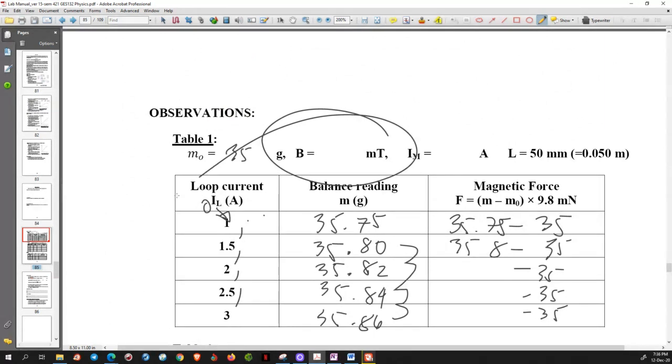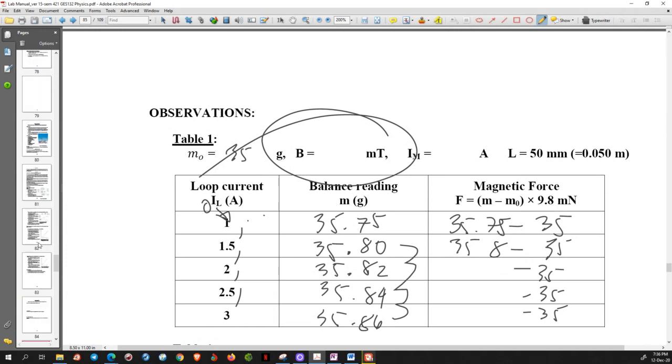Teacher, M initial and the P and the IM. This we have to do when everything is off. You have to measure it. When everything is off, we measure it.